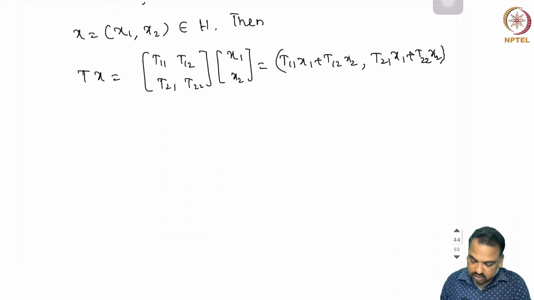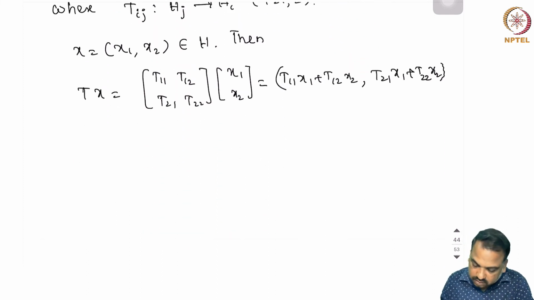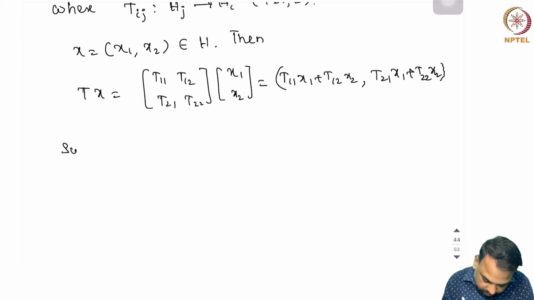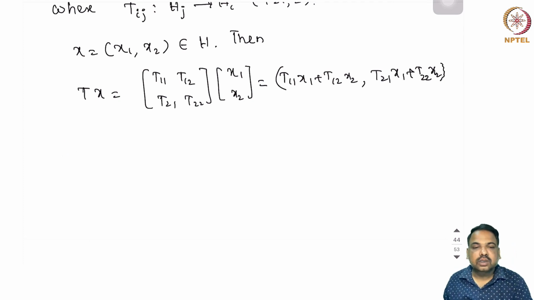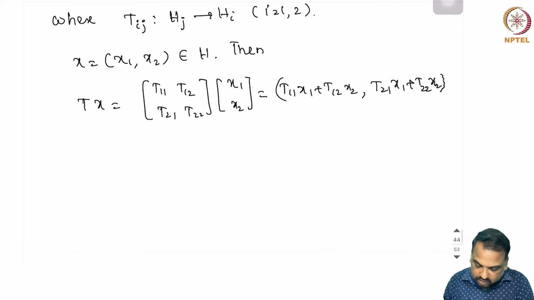Now on the other hand, we can actually get T11, T12, T21 and T22 using projections. Let us take projections.